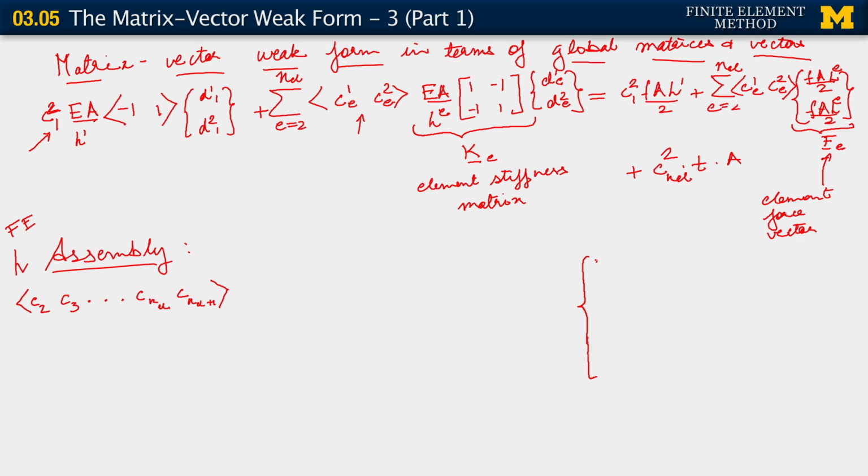This would be the vector consisting of D1, D2, and these are global, D3, all the way down to D NEL and D NEL plus 1.